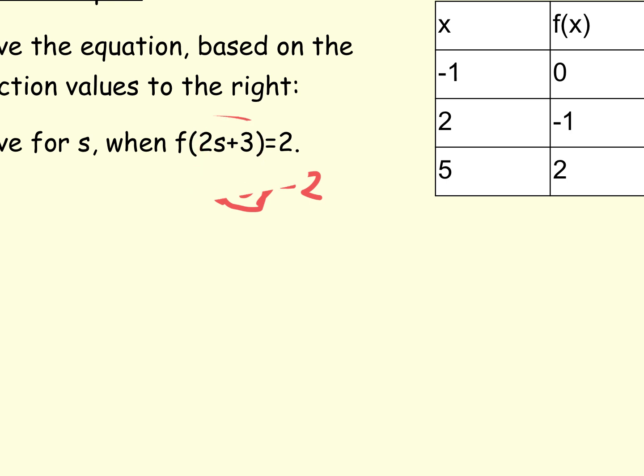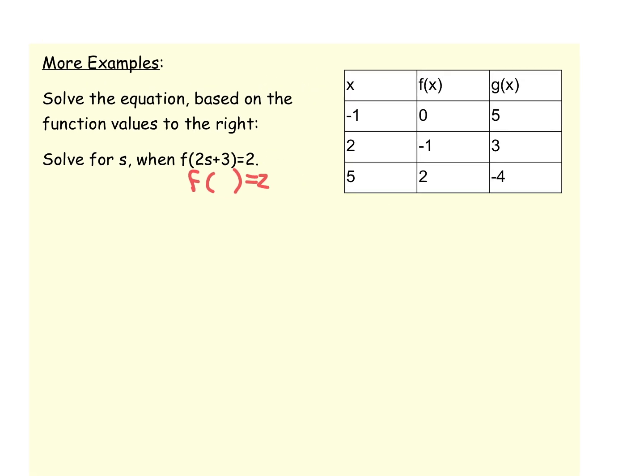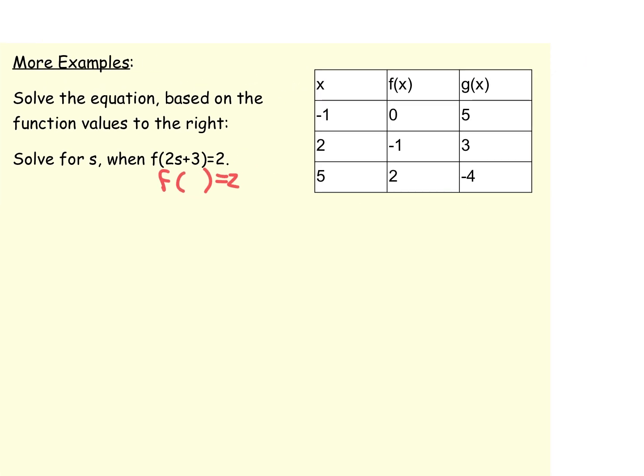Remember, that's my tip. Try to figure out F of what equals 2 and write it underneath. And then see if you can solve for S. S is a terrible variable because it looks like a 5. But that's what they did, so we'll go with it.